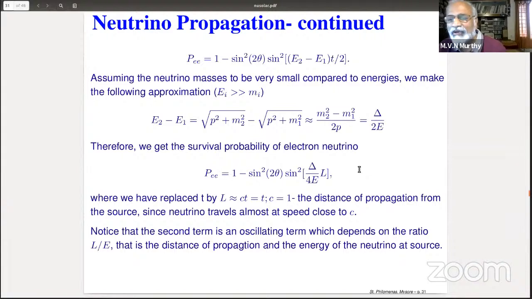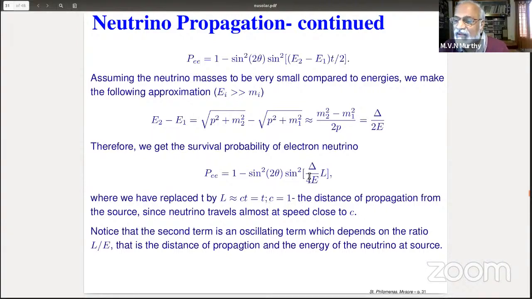And now you can see that after making this approximation, this delta, you should remember, is not the mass difference, but the mass square difference, because that is what comes after you make the binomial approximation here. Okay? So take that difference, call it delta, and this is 1 minus sine squared 2 theta, that is the same. It's a parameter that is given, so its value is fixed.